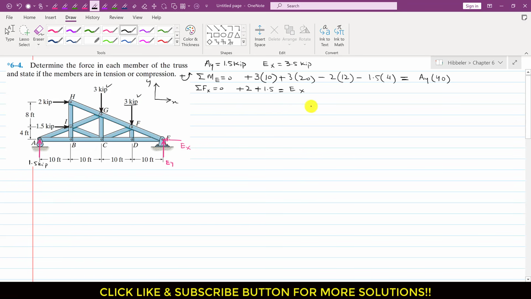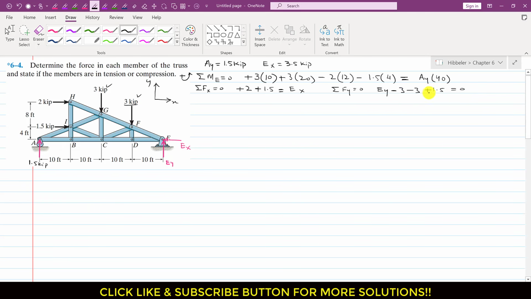Similarly, if we apply the summation of forces along Y equals 0, EY is acting in the positive Y direction, so I will write EY. This is acting in the negative direction, so minus 3. This is also acting in the negative direction, so minus 3, and this is acting in the positive direction, so plus 1.5, equal to 0.